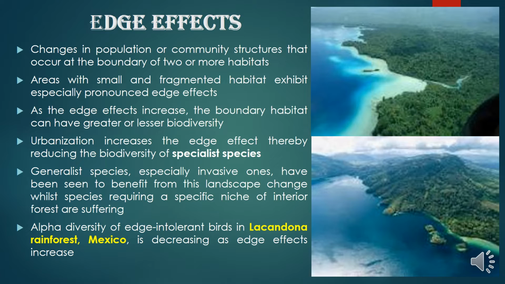So the edge effect is basically the increase or decrease in the population and community structure in the ecotonal region. For example, in this diagram we are seeing this forest area. This is the forested area, so this is one entire ecosystem, and this is the ocean ecosystem.